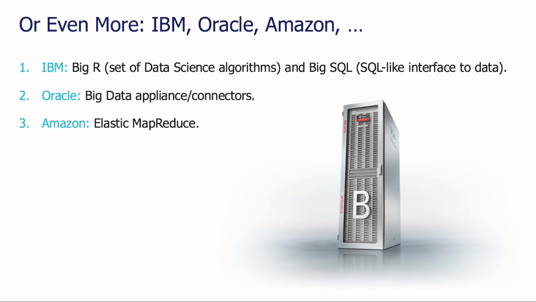And they all have different differentiators. For instance, IBM has a great set of data science algorithms, a big R package, while Oracle has a huge number of connectors and a big data appliance, which is a huge box, if you will. And Amazon has cloud-based Hadoop, called Elastic MapReduce. They all need to be clearly validated, and the decision should be made based on what really needs to be implemented.